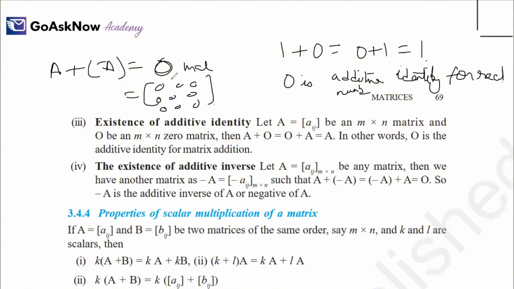So this also proves that minus A is its additive inverse, because by adding it you will get the O matrix. So minus A is the additive inverse of A or negative of A. Negative of A we have already discussed.